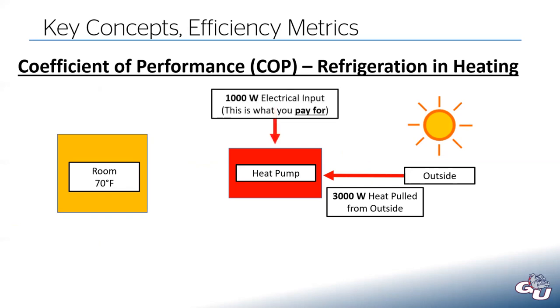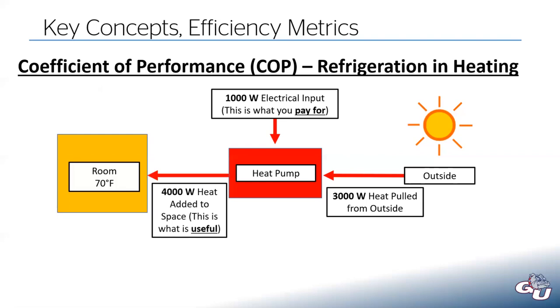And let's say to run that heat pump, we need to put in 1,000 watts of input, which again, that's what we pay for from our utility company. And then thinking of the conservation of energy, if you have 3,000 coming in, 1,000 coming in, you actually get 4,000 watts out of the heat pump.